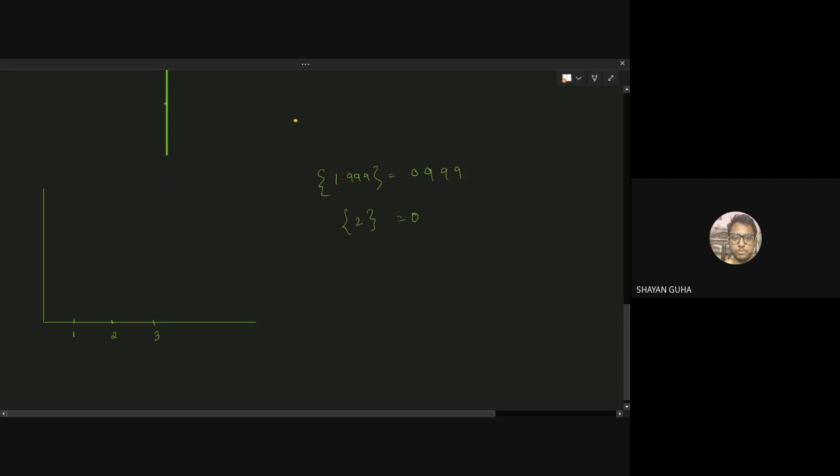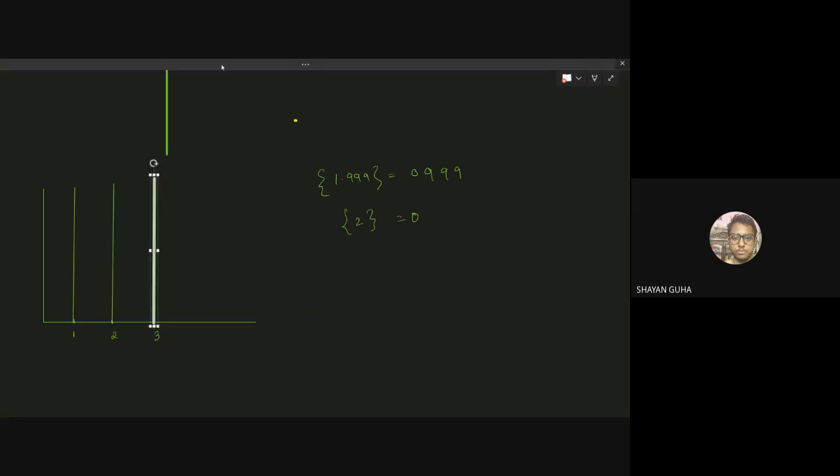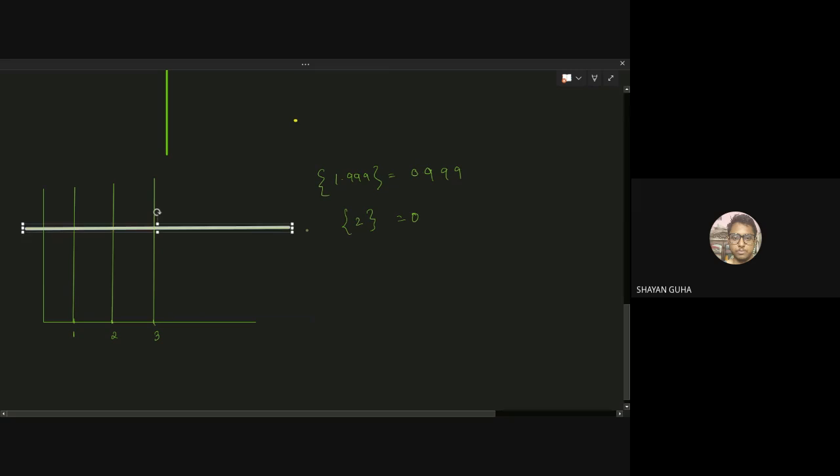Let's make it for this part only. Let's say this is 0 and this is 1.